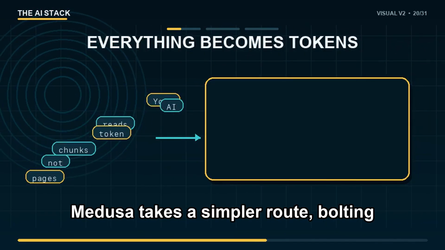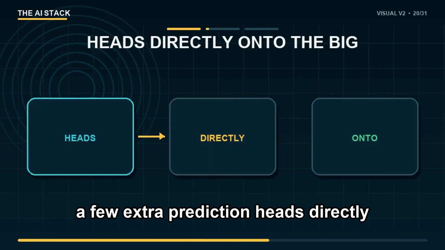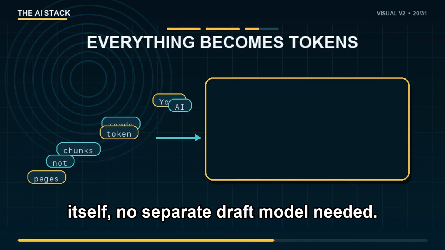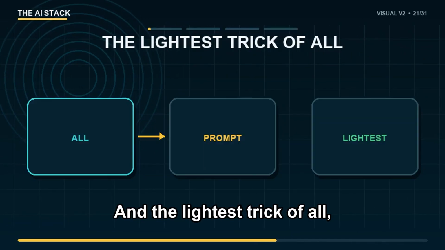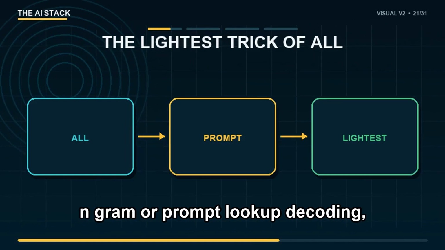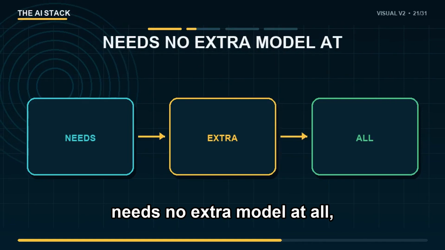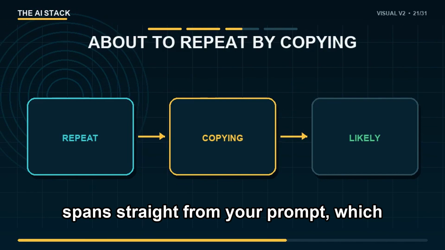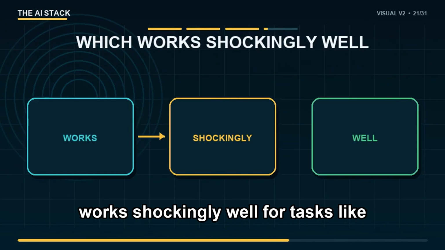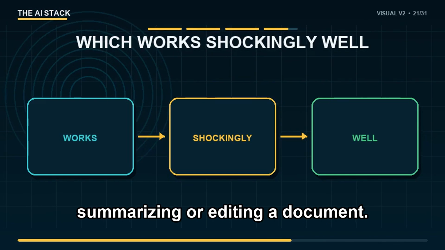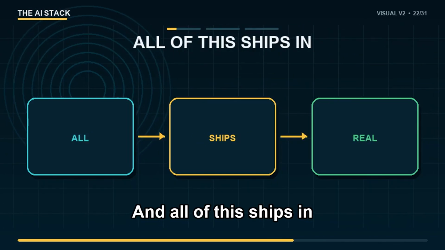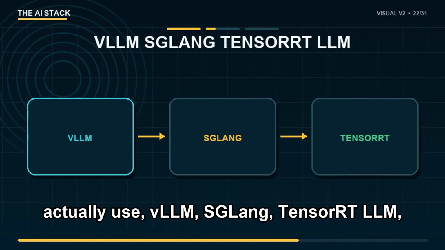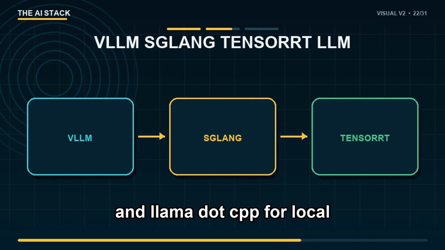Medusa takes a simpler route, bolting a few extra prediction heads directly onto the big model so it can guess several future tokens by itself, no separate draft model needed. And the lightest trick of all, n-gram or prompt-lookup decoding, needs no extra model at all. It just guesses that text is about to repeat by copying likely spans straight from your prompt, which works shockingly well for tasks like summarizing or editing a document. And all of this ships in the real inference engines you would actually use: vLLM, SGLang, TensorRT-LLM, and llama.cpp for local runs.